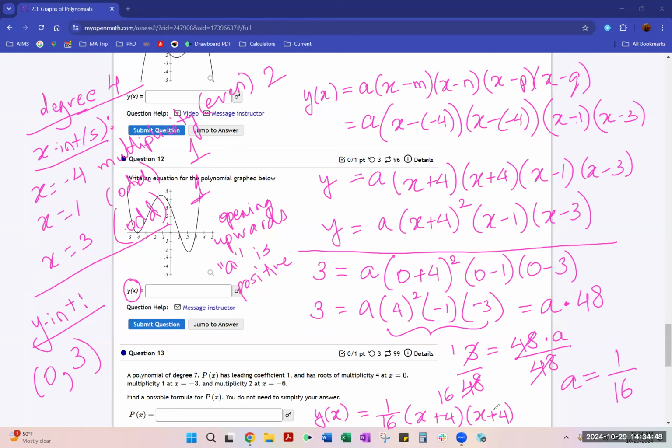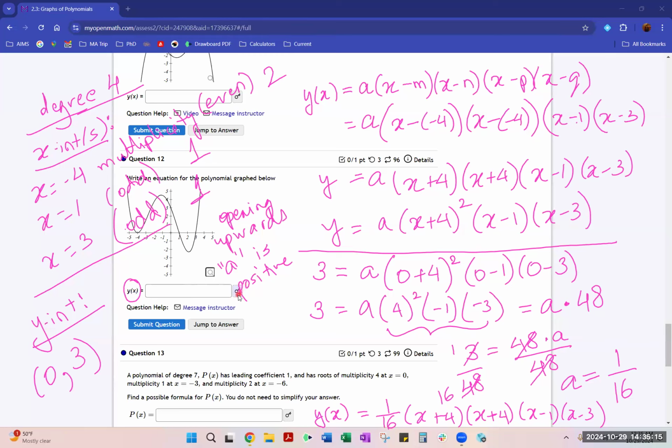And you can write it with the second power if you wanted to. Just write x plus 4 once and then put that whole parentheses to the second power if you wanted. Then you have x minus 1 and then x minus 3, right? So basically, all we really did was we took this form of the equation here. We already had the 4 factors, so all we had to do was plug in for the value of a. And as you can see, a came out to be 1 over 16.